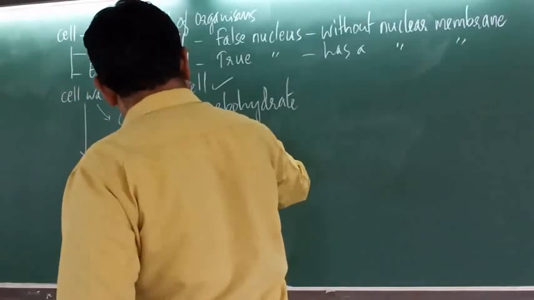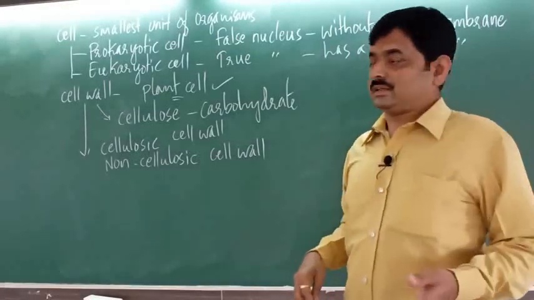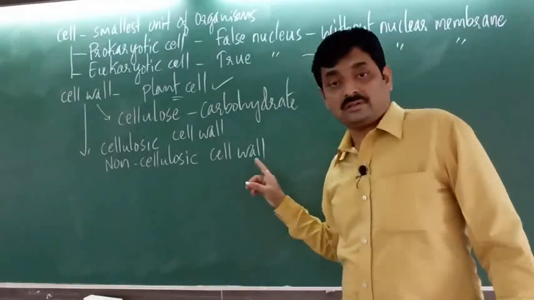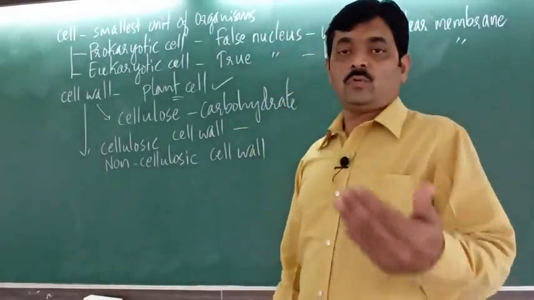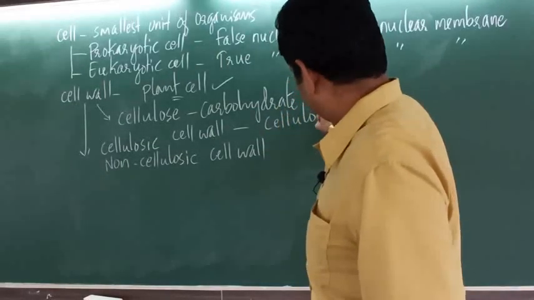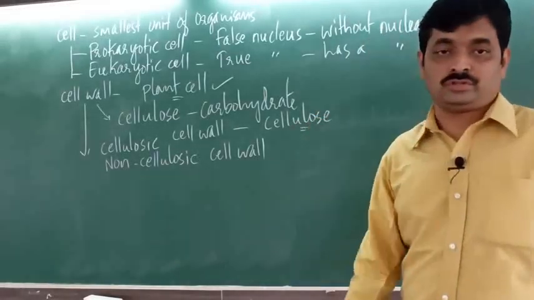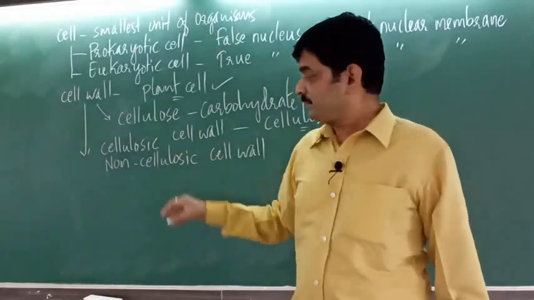So cellulosic cell wall and non-cellulosic cell wall, right? Some cells have a cellulosic cell wall, some cells have a non-cellulosic cell wall. So what do you mean by this? When a cell wall is purely made up of cellulose, then we can call it a cellulosic cell wall.